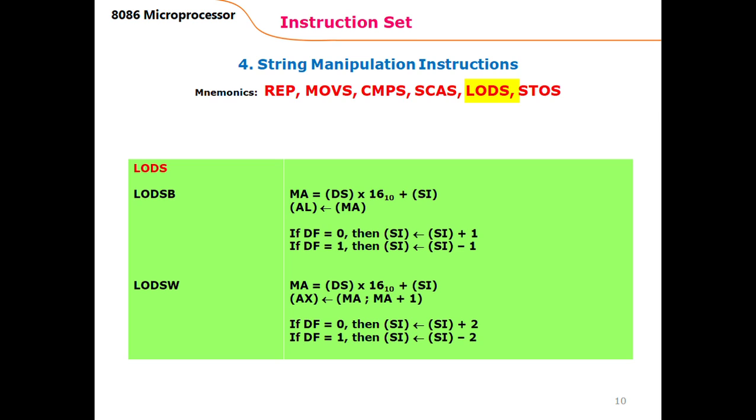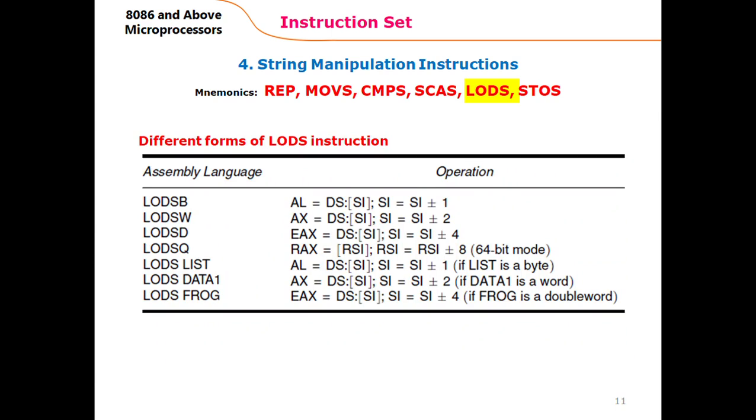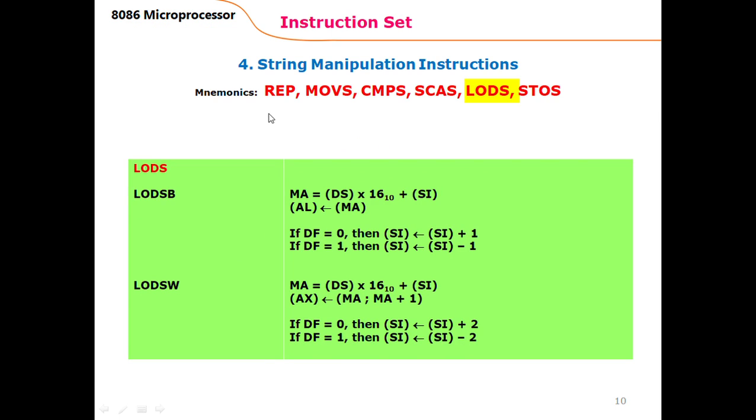Just like other string instructions, the load string instruction also has different forms. In the first form, load string byte, this instruction loads a byte from the data segment memory location addressed by SI and stores it in the accumulator AL. The physical address is calculated just like before.